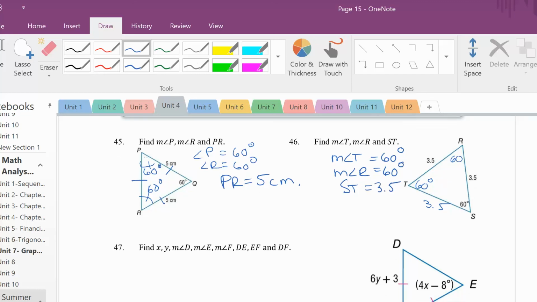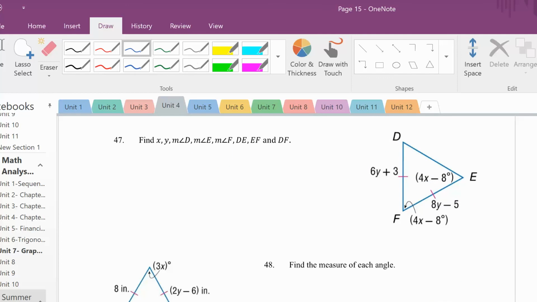All right, so let's look at the next picture. It says to find x, y, and then to find the measure of all the angles and sides. So because these two sides are congruent, that means these two angles here are congruent. So if this is 4x minus 8, that is also 4x minus 8. So all three of them are 4x minus 8, which means they have to equal 60 degrees because it's an equilateral triangle.